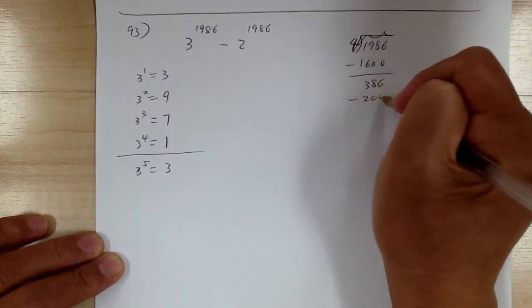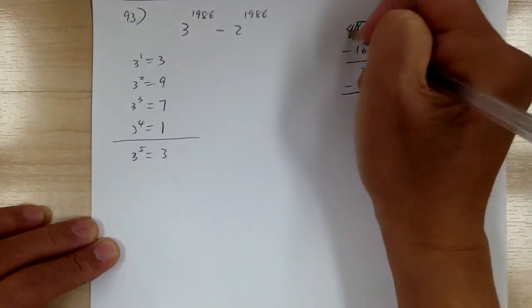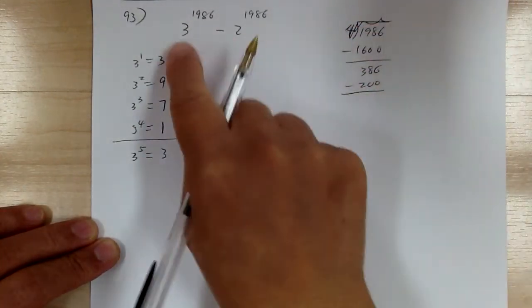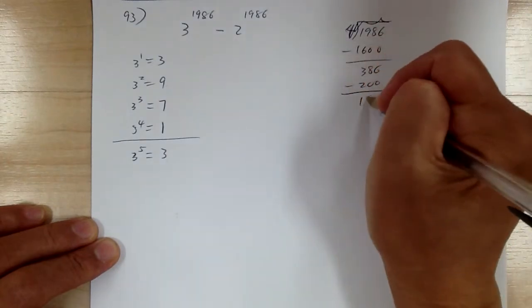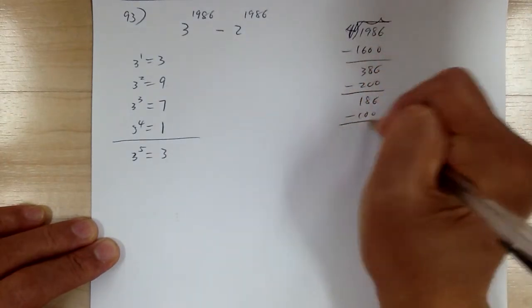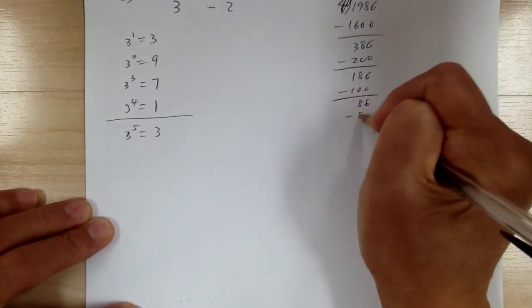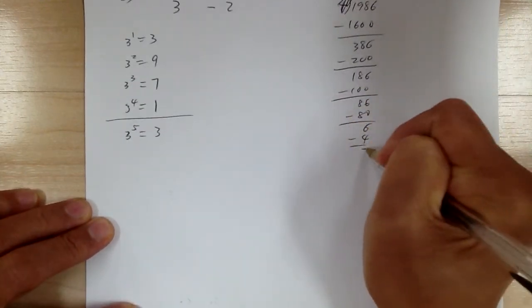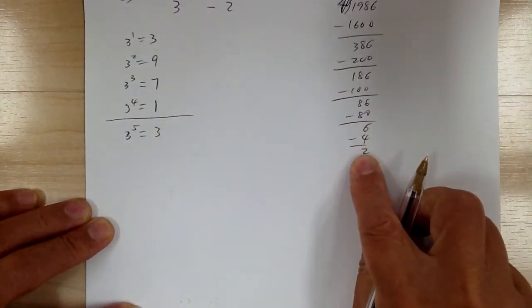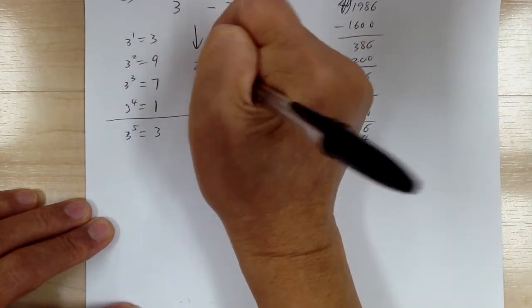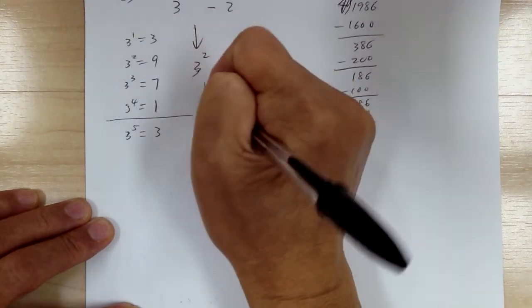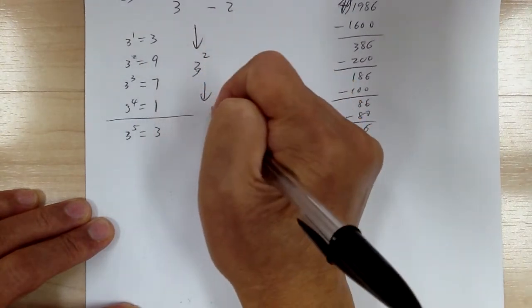I'm going to subtract 200, and keep subtracting, going back in the cycle of 4. All these are multiples of 4. So 186 minus 80, I get 6, minus 4, I get 2. So this is the same as the 2, equivalent to 3 squared, and this will give me a 9.